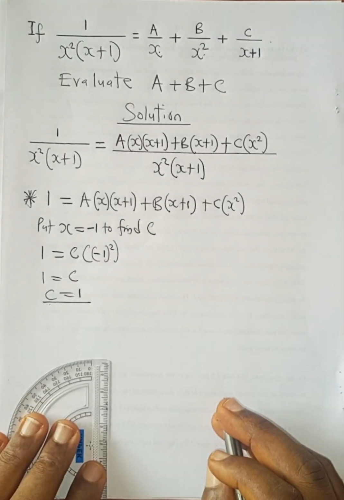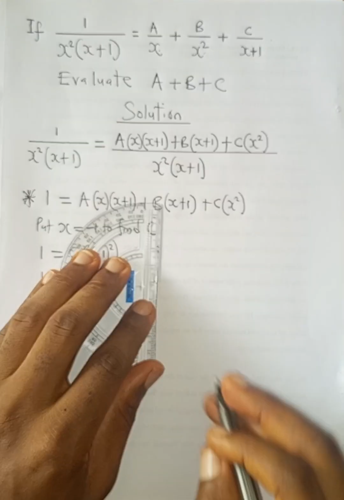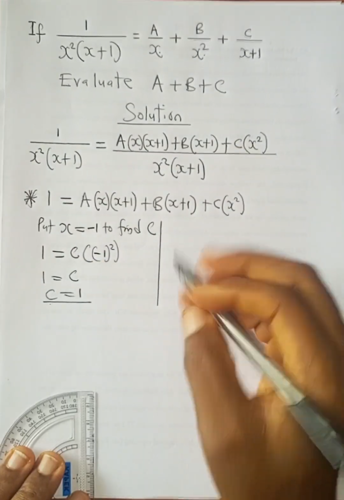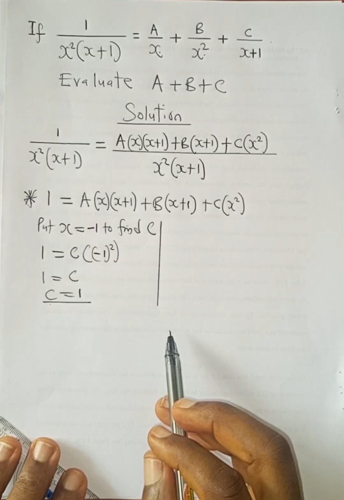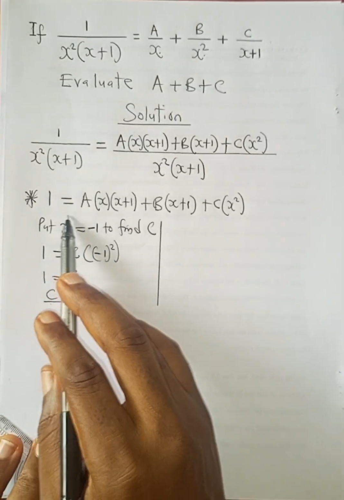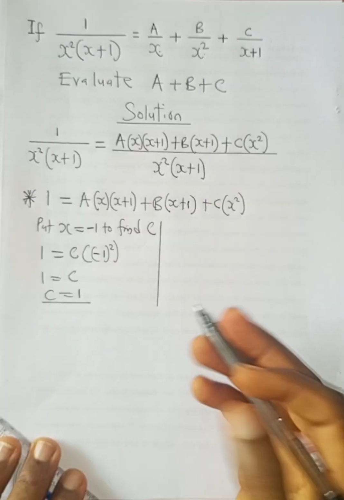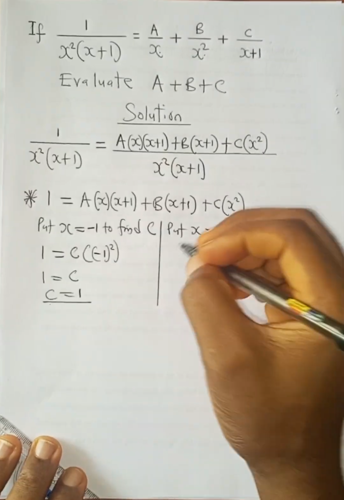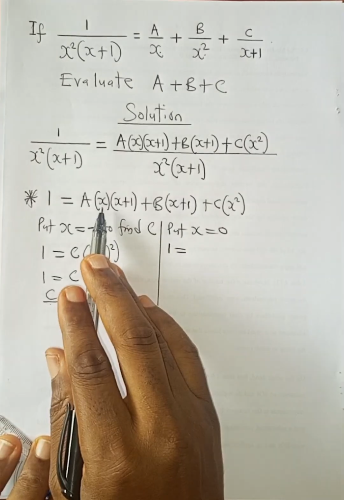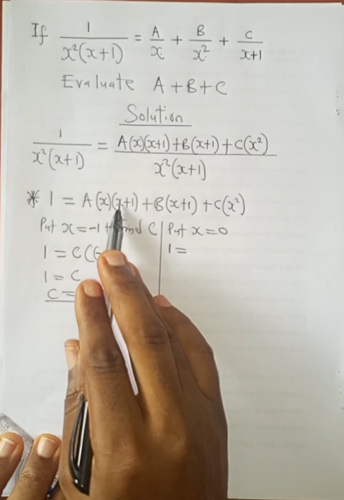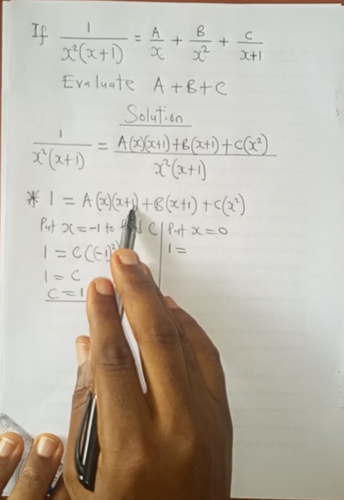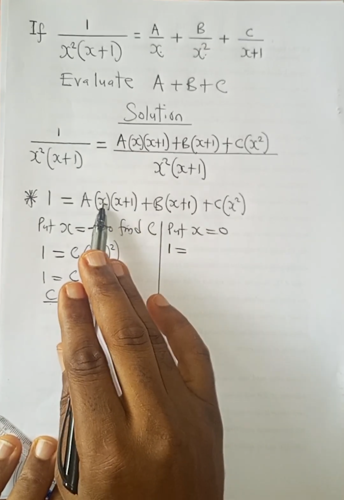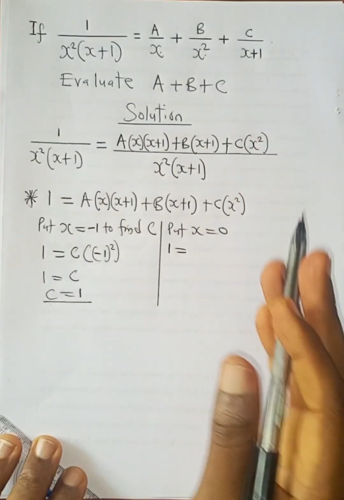Now that we know that C is 1, we have gotten C. Now we can put anything. Let's put s equals 0. If s is 0, we have 1 is equal to, when here is 0, 0 plus 1, 1. Remember that here is 0. 0 times anything will give you 0, so A is out.